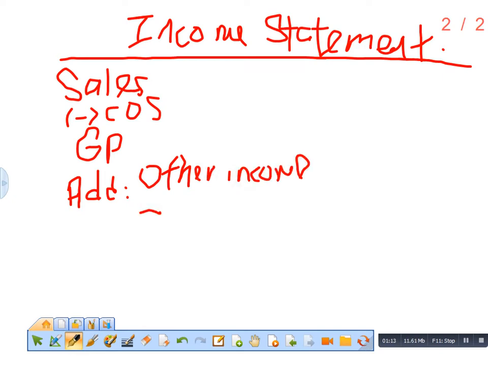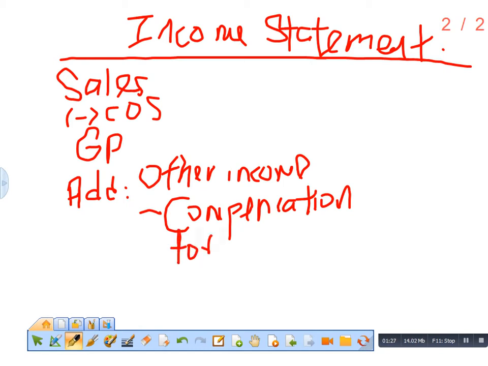Okay, now let's say class, I have two incomes in here. Let's say one of the incomes is compensation. Compensation for, let's take the example from just now. Remember the example for the loss, compensation for loss of machine, and also the compensation for general damage. Okay, we take that example.